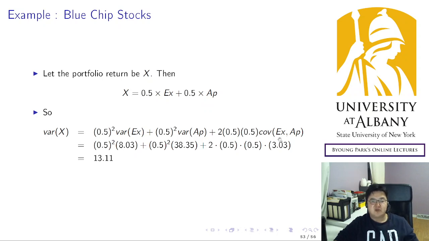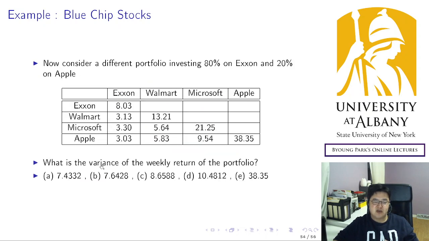If you put the appropriate number in each variance and covariance, then you will get 13.11. It's simple algebra, can be done on a calculator or Excel, whatever. What I wanted to show you here is the variance is much smaller than expected.